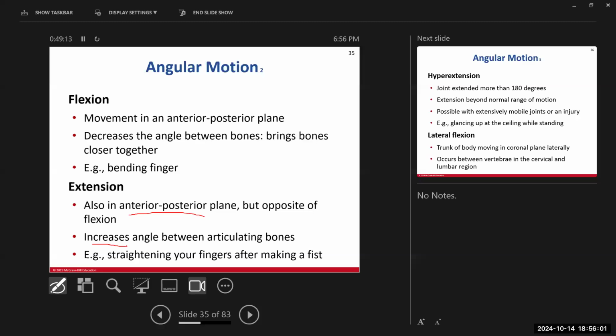So that's flexion and extension. If I say flex your shoulder, you would do this. If I say extend your shoulder, you would do this. If I say flex your hip, you would do this. Extend your hip, you would do that.